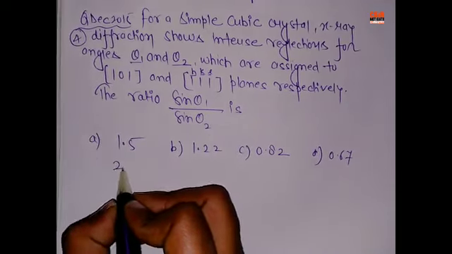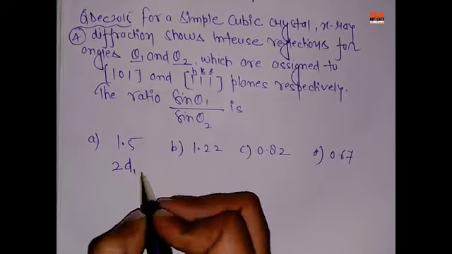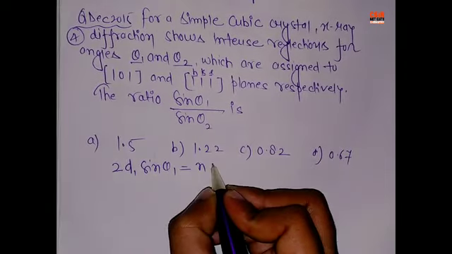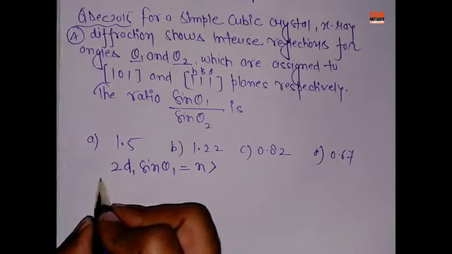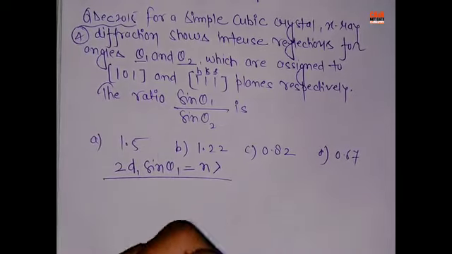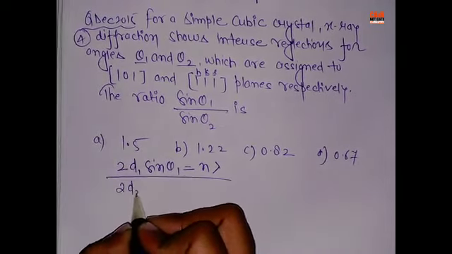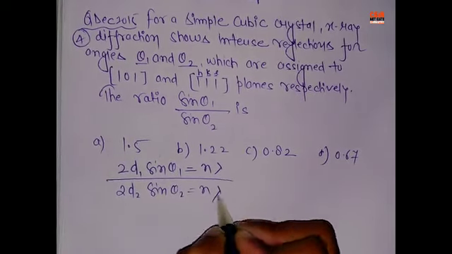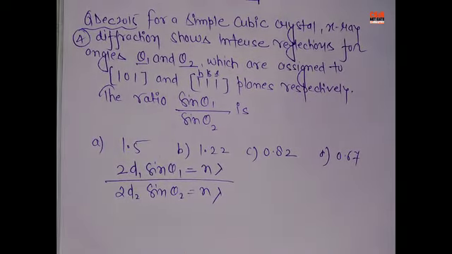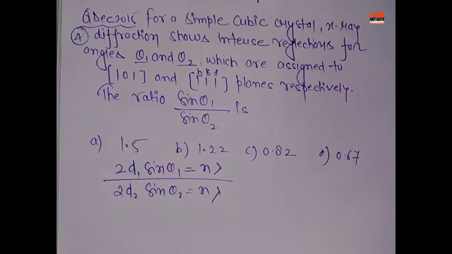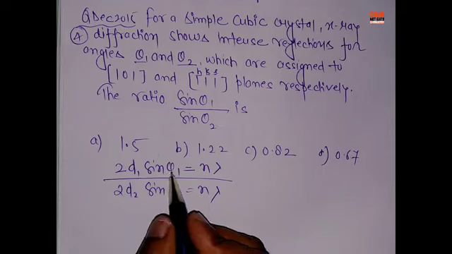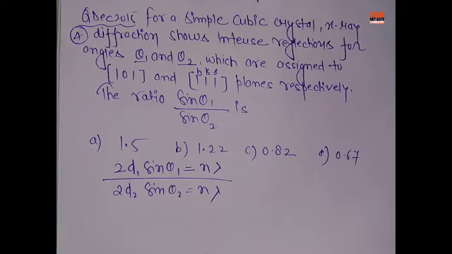So write 2d1 sine theta 1 equals n lambda, divided by, for the other, 2d2 sine theta 2 equals n lambda, because the wavelength will remain the same for both, but the interplanar distance will be different because we have different HKL values, and similarly theta 1 and theta 2 will be different.